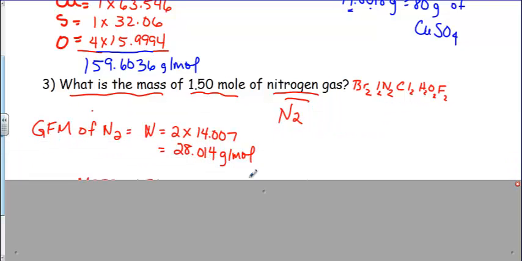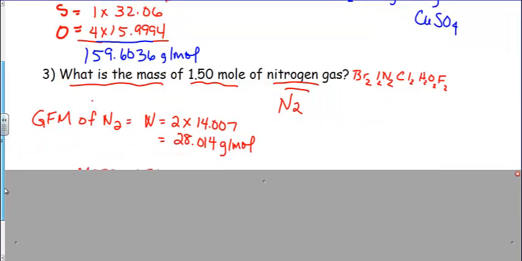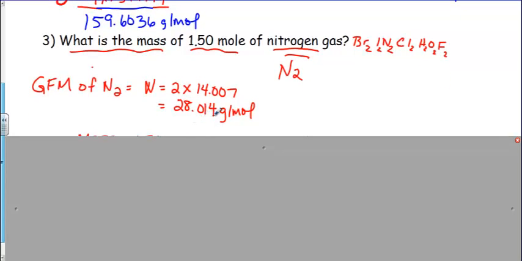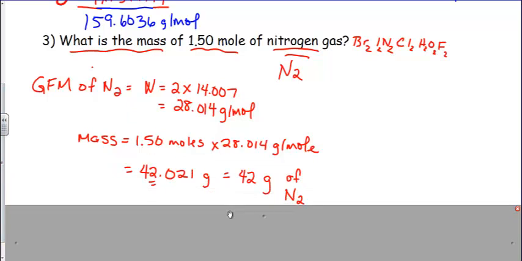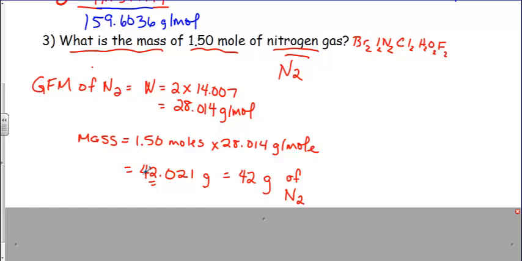So first, calculate the GFM of N2, which you should get 28.014 grams per mole. And then to calculate for the mass, we would just simply multiply that GFM by the number of moles that is given to us in the question, which is 1.50. And with sig figs, remember, you have to look at the sig figs. If you don't remember how to do sig figs, please go back to that lesson.